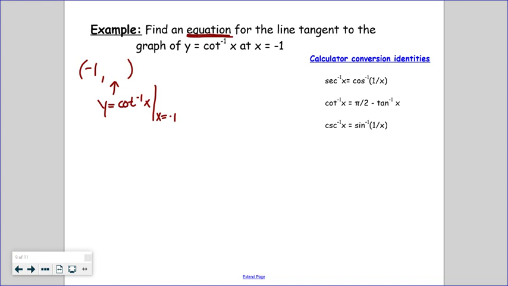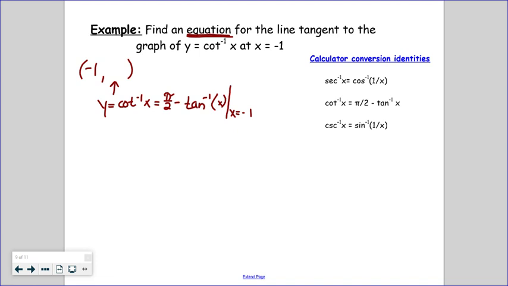This is where we could use our calculator conversion. So my calculator conversion says that inverse cotangent of x, when I want to type it in my calculator, is actually going to be pi over 2 minus the inverse tangent of x at x equals -1.